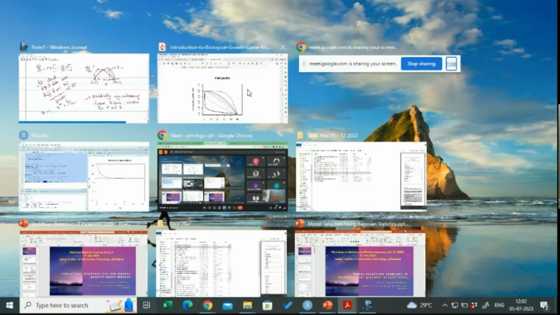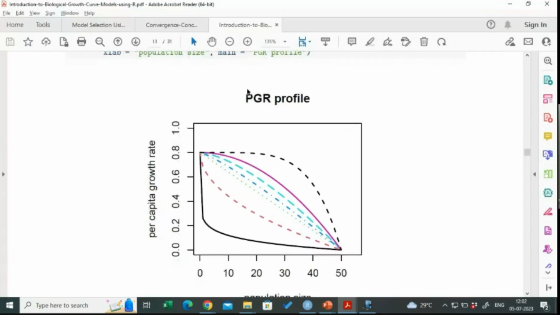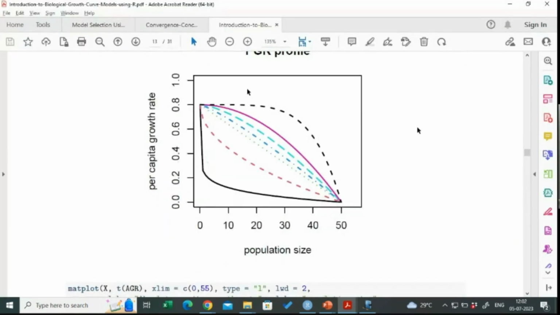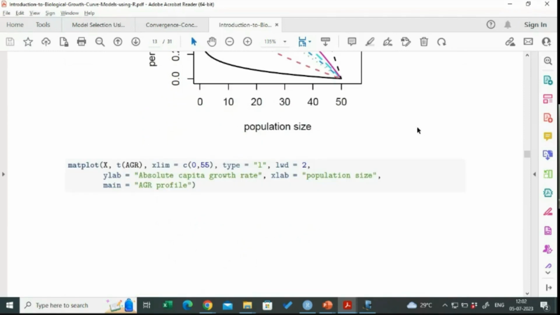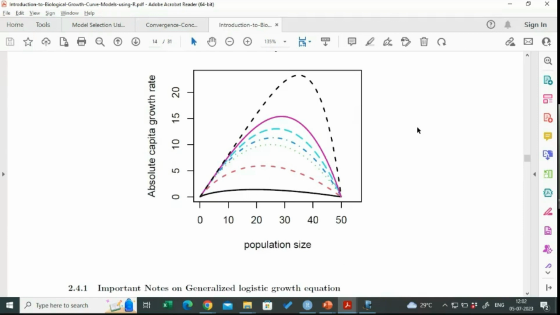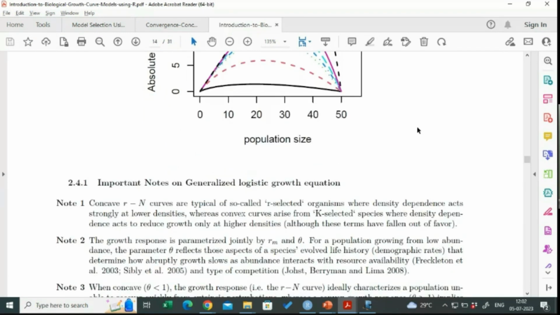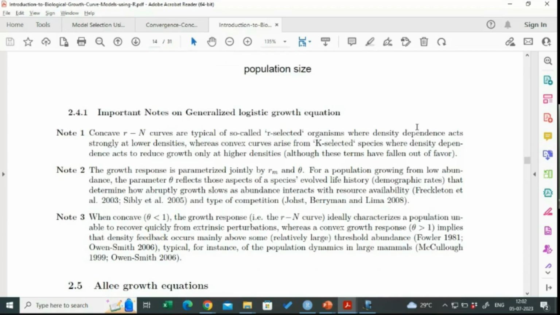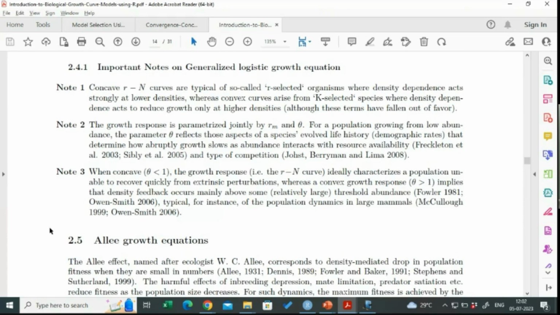It will challenge you from a mathematical biology side, and also from a statistical point of view. So these are the plots. As you see, an asymmetric plot is possible here for different values of theta. Since I have worked in this domain for a long time, I put some notes over here, and some references which may be useful for you.